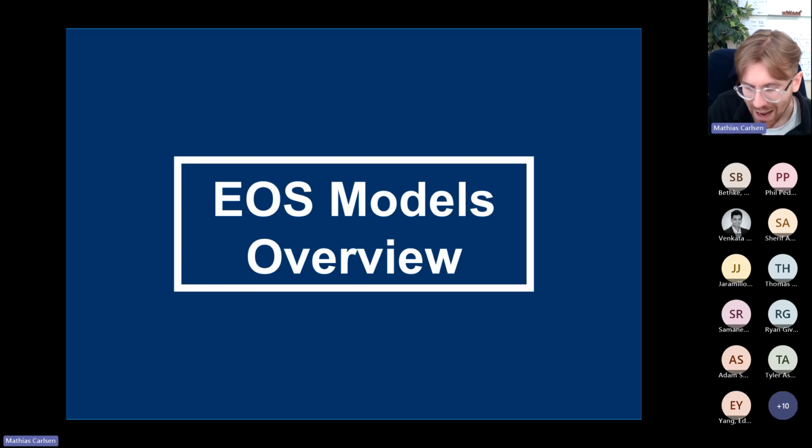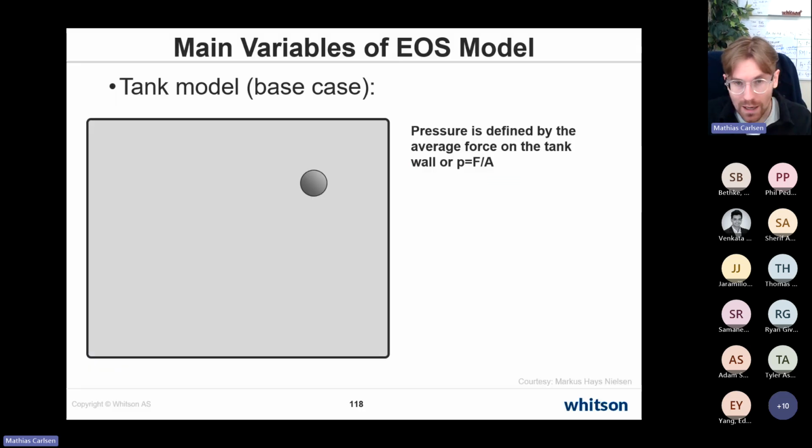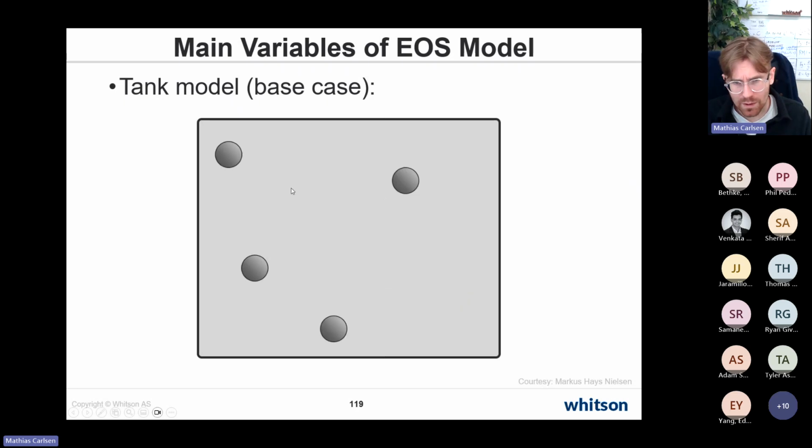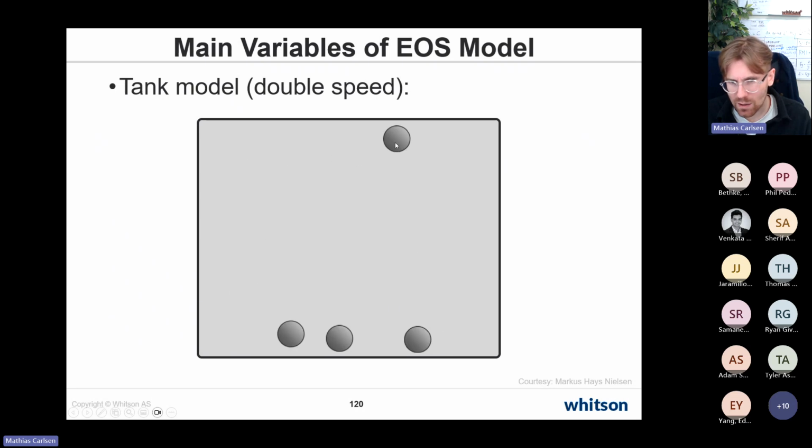If you want to understand how it's been developed, we like to go back to a tank model, where if we look at a little particle and that particle exhibits some kind of pressure on the wall of this tank, we say that force divided by the area is what we define as pressure. If we have 4 different balls running around in the tank right here, this is kind of our base case. But if we increase the speed of them, which is analogous to increasing the temperature, we hit the wall more often.